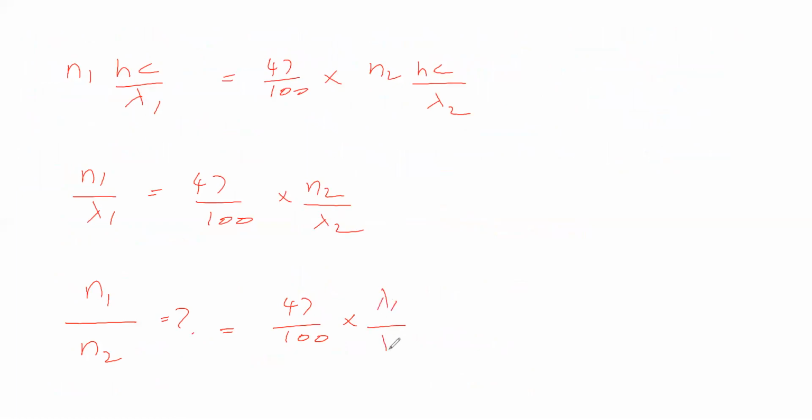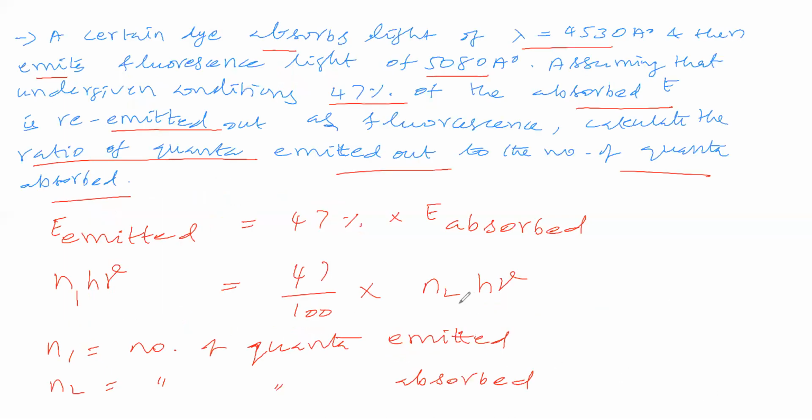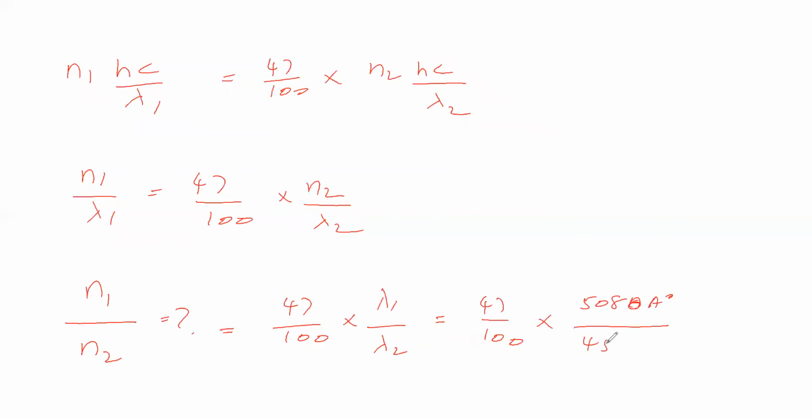Lambda 1 is the wavelength emitted, 5080 angstrom, and lambda 2 is the wavelength absorbed, 4530 angstrom.